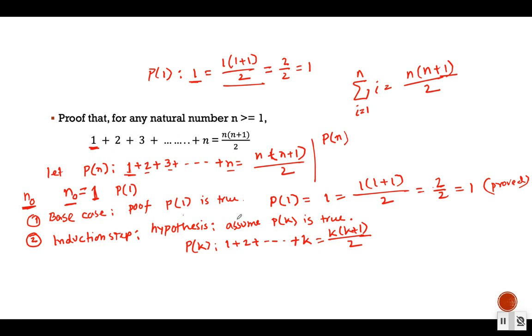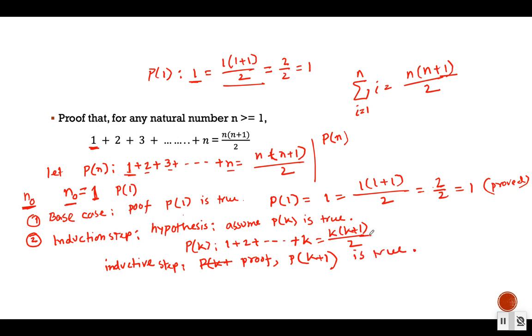Now, having this hypothesis, we are going to prove that Pk plus 1 is true. That's our second step of induction.